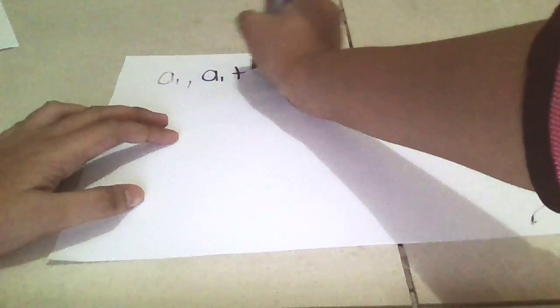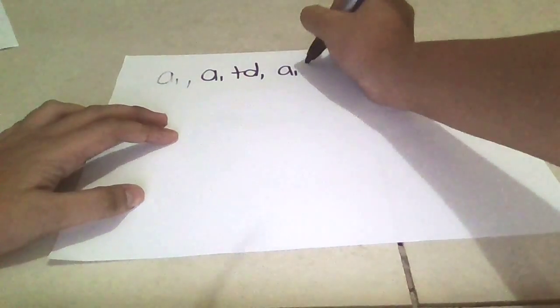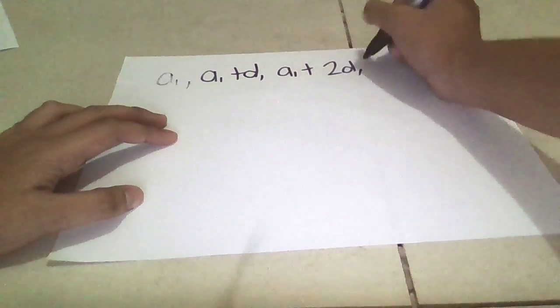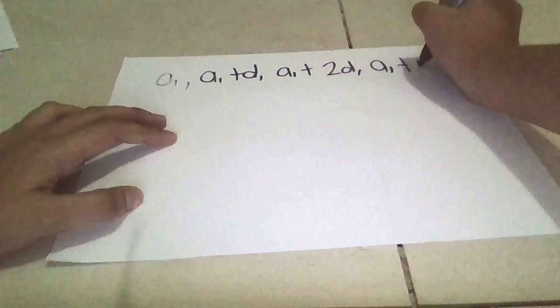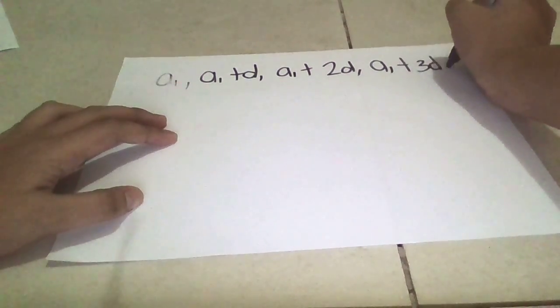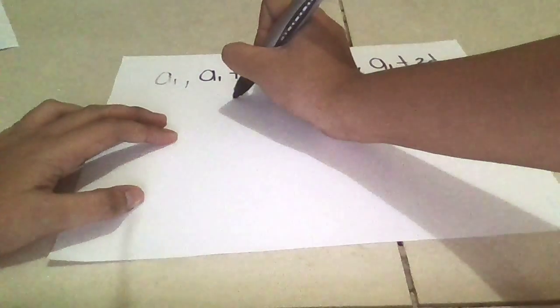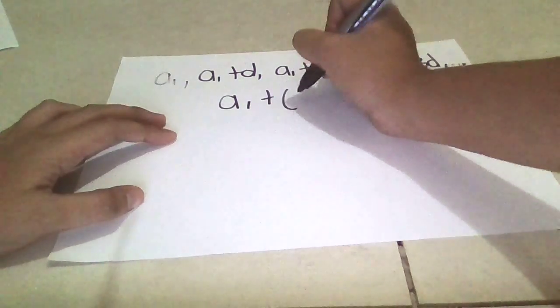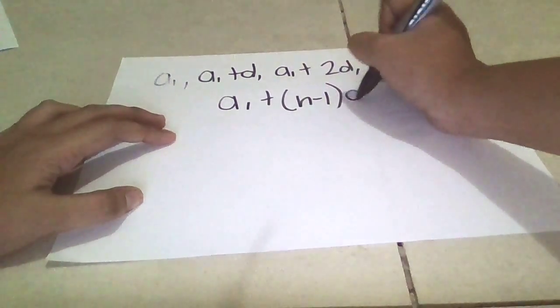So an arithmetic sequence is denoted by a sub 1, a sub 1 plus d, a sub 1 plus 2d, a sub 1 plus 3d, and so on until a sub 1 plus n minus 1 d.